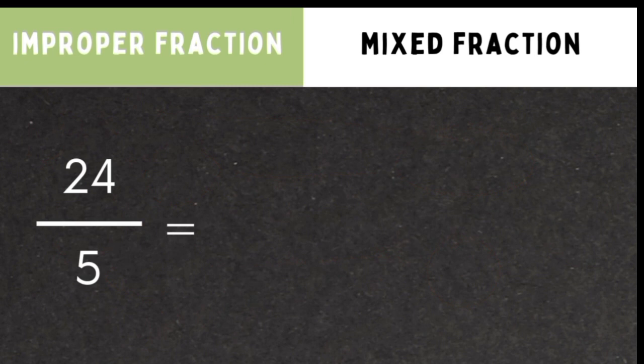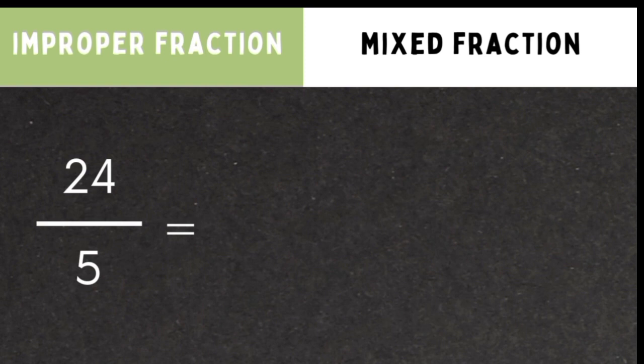So in some cases, you also need to know how to convert an improper fraction to a mixed fraction, since an improper fraction might appear in equations. An improper fraction might not be seen as the lowest term of the answer.